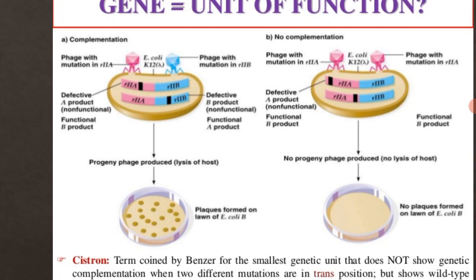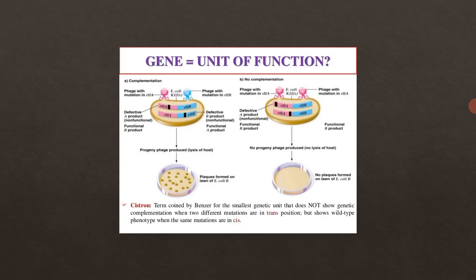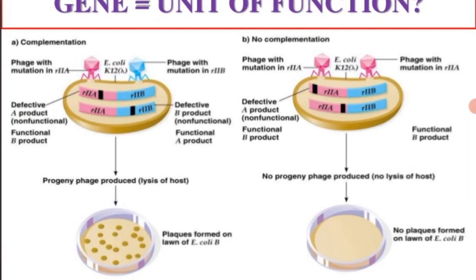and therefore what this indicates is that these mutations are present in different regions, in different genes. Both the black lines are not present in one gene only, right?